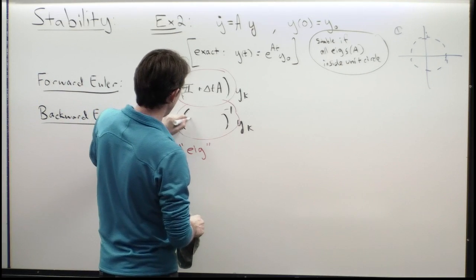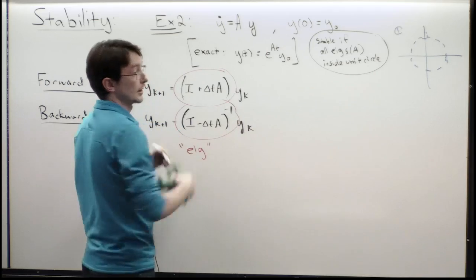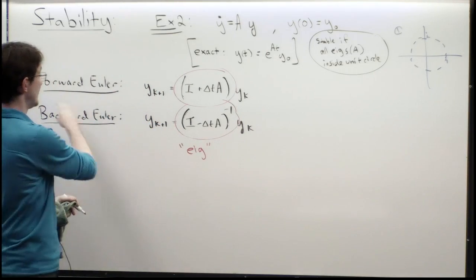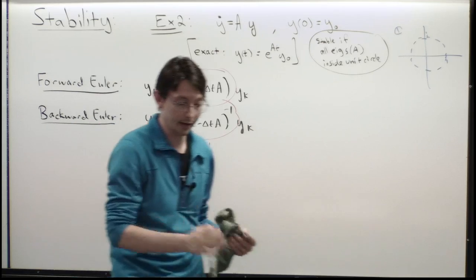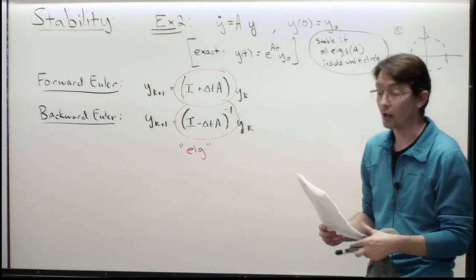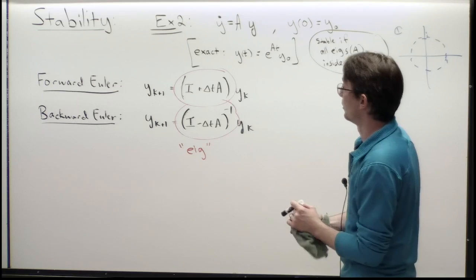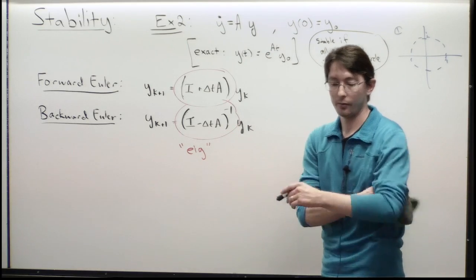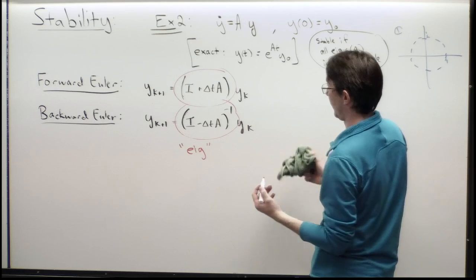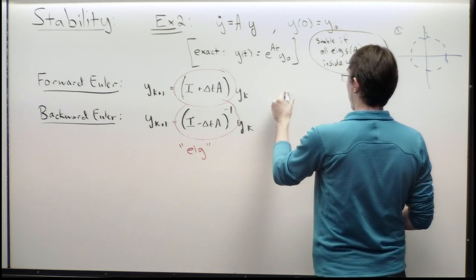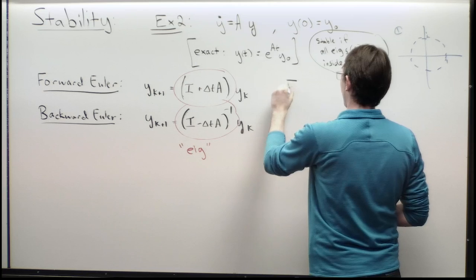And here we have the identity matrix minus delta t A, matrix inverse. This is exactly our forward Euler and backward Euler schemes. This is not terribly difficult. Similar to what we had before when we were looking at stability, we say, okay, well, forward Euler, yeah, we have a trajectory.